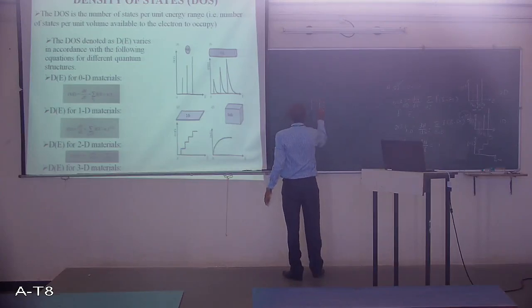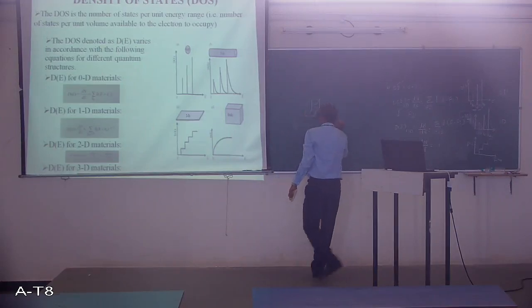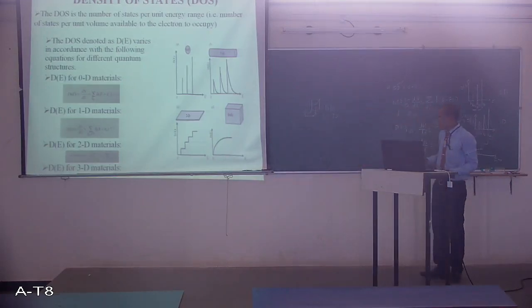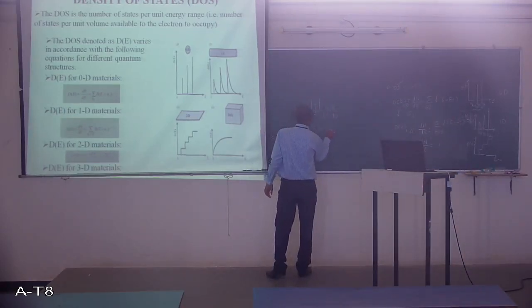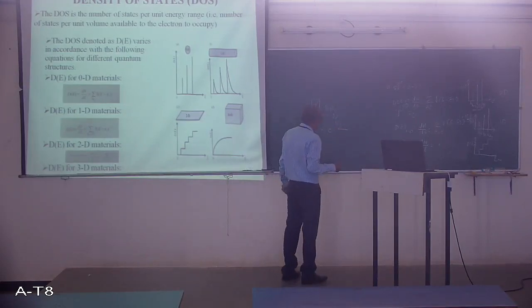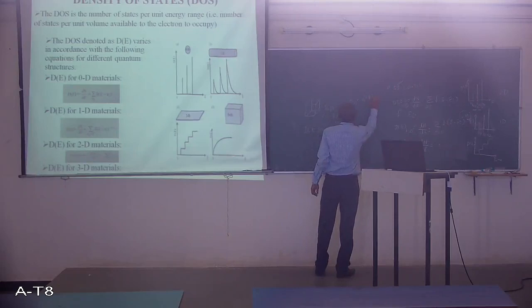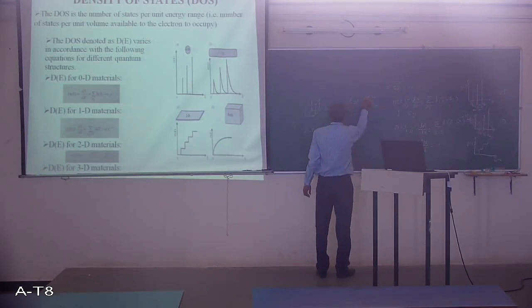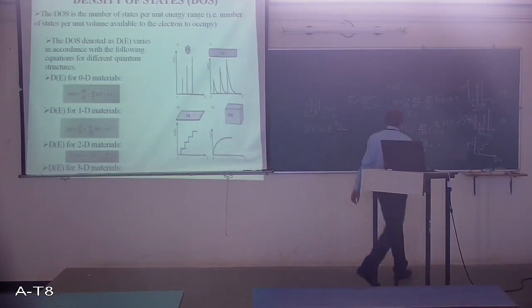Now in the case of three dimensions, you know the structure of the material. In the case of bulk, that is 3D structure, its density of states is proportional to E raised to half. Because you know the expression E_n is equal to n squared h squared divided by 8mL squared. If you take n, it becomes root of E. So that's why E raised to half.